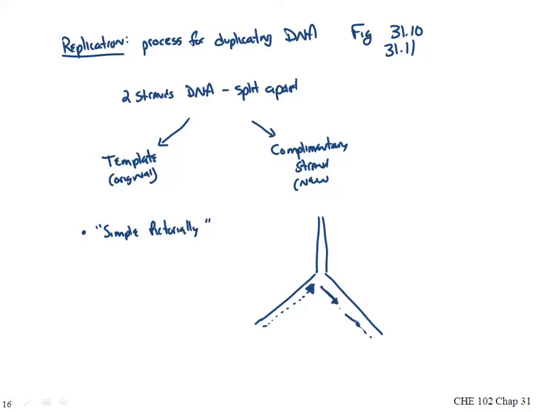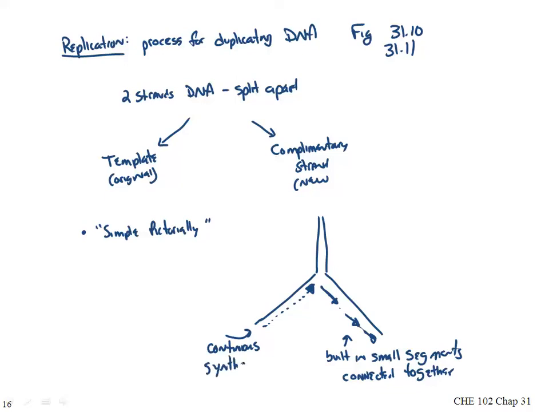The difference between the 2 strands that are built is this one is continuous, and this one is built in small segments and then connected together. So this is called continuous synthesis, and this is called, I didn't put the word down, but I should probably put fragmented.